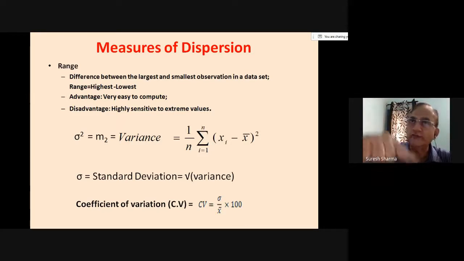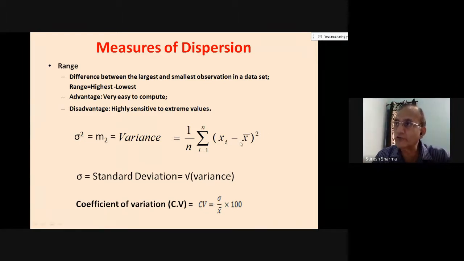But look at the units of variance. Units of variance will become centimeter square. And if I want to add mean plus minus variance, I cannot do that, because mean is centimeter, variance is centimeter square. They are different units.